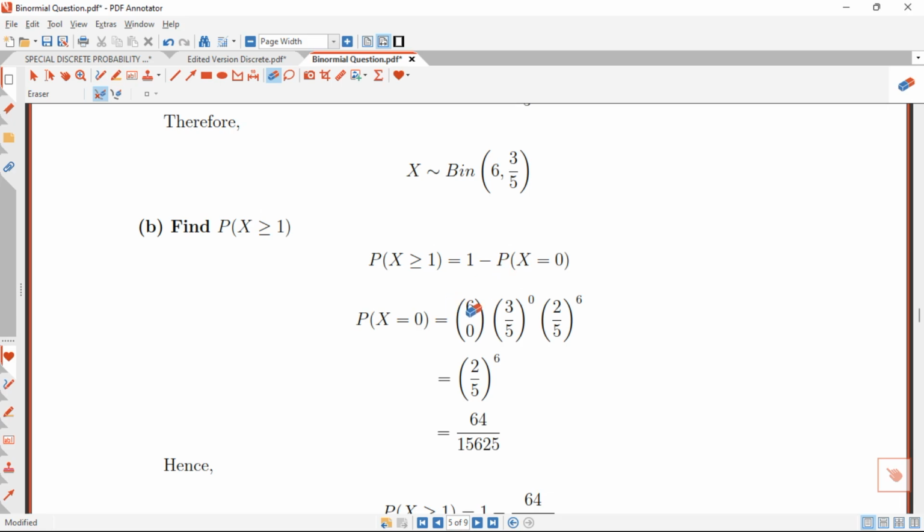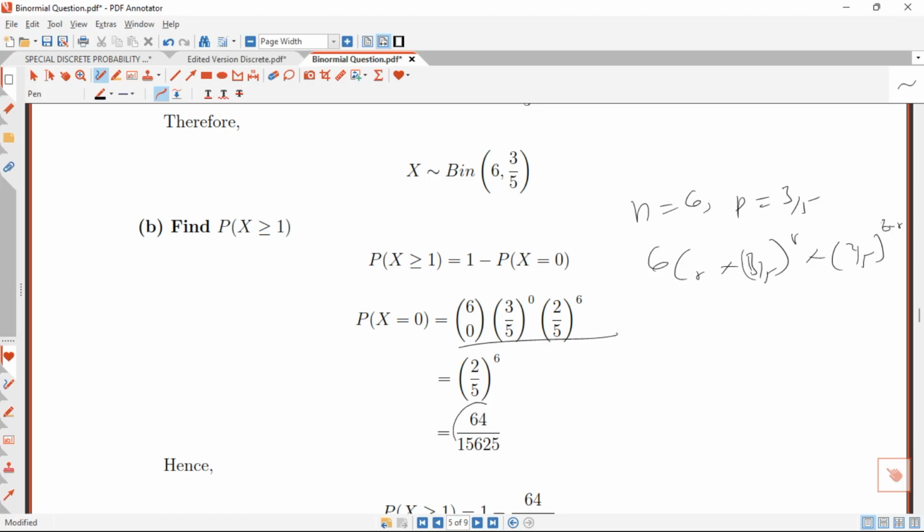We know that n is equal to 6 and p is equal to 3/5. So we are going to get 6 combination r times (3/5)^r times (2/5)^(6 minus r), and already we know r is equal to 0. So that is what we have here.